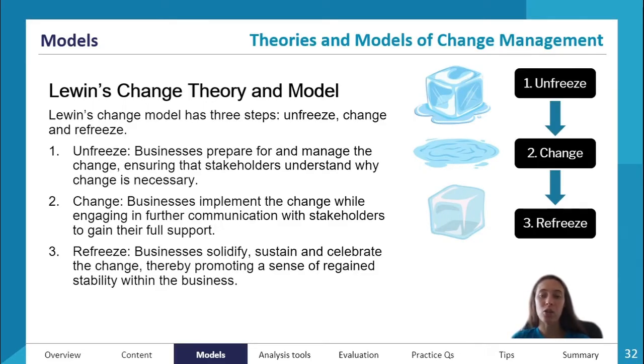So making sure it's all in place again, making sure it's maintained, and then celebrating it as well, because you want to have that sense of regained stability in the business, so employees feel like it was a success.